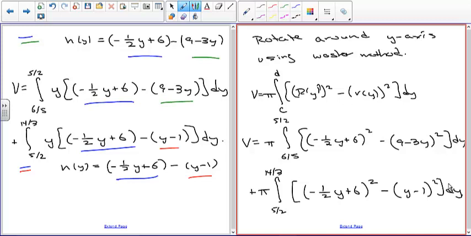We're not spending time in class to do it, but it's a satisfying thing to do, believe it or not, at least for some people. Because the equations look so different. One you're using the y limits, the other one the x limits, but ultimately you'll get the same answer, which is pretty cool.